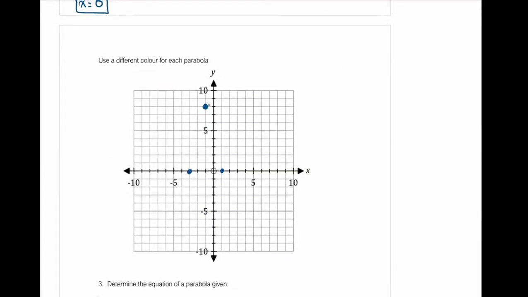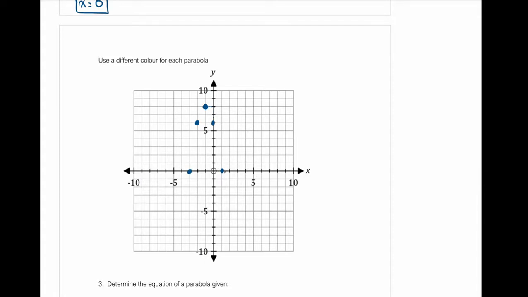So if I start at my vertex, I go over 1, that means I go down 2. There's a point. I can repeat that pattern on the other side. And for my next point, I should have to go over 1 and down 6, which I do. I get to my x-intercepts that are already there.